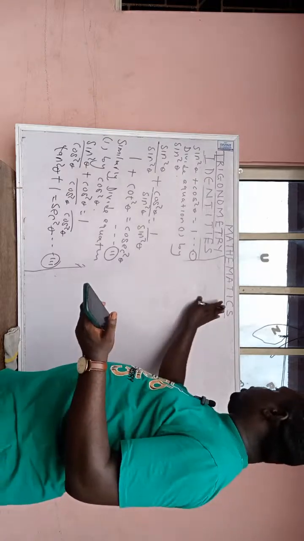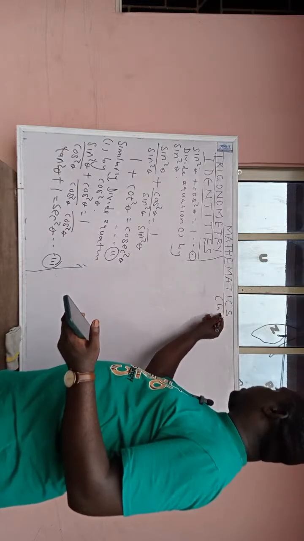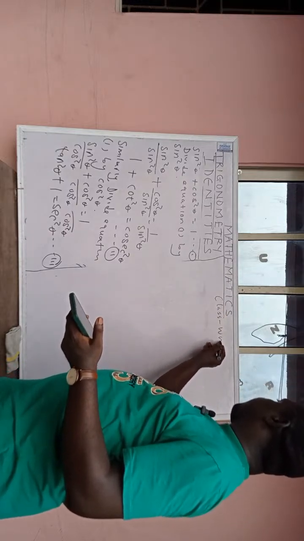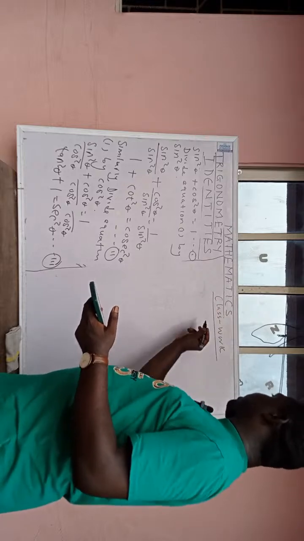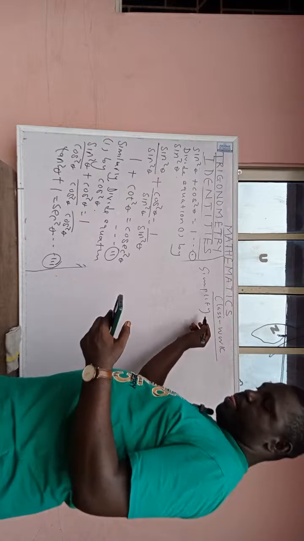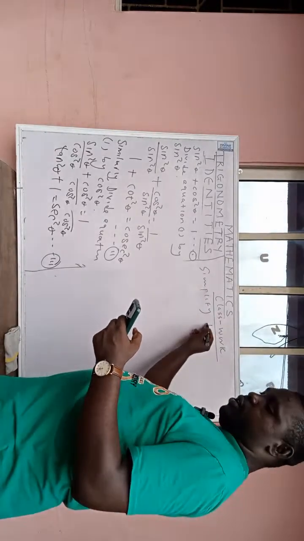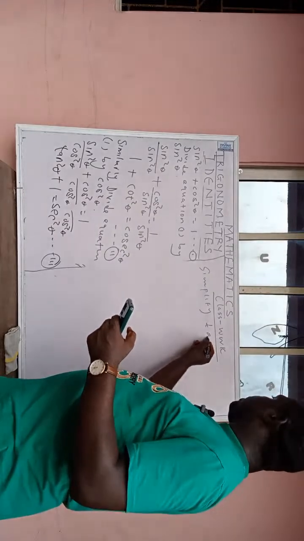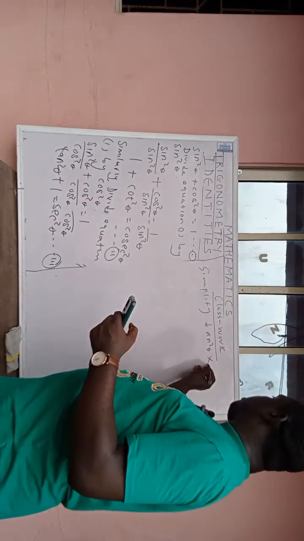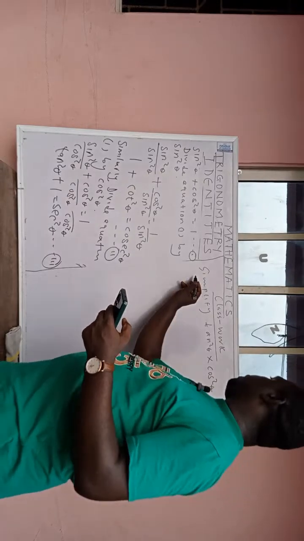Yes, here are questions. Let me call it class work. I'm going to do it myself. Simplify. So you have here, I'm actually getting the question online. Multiply by cos squared theta.